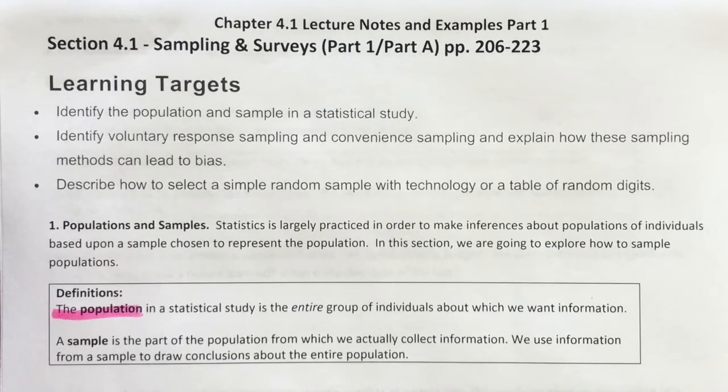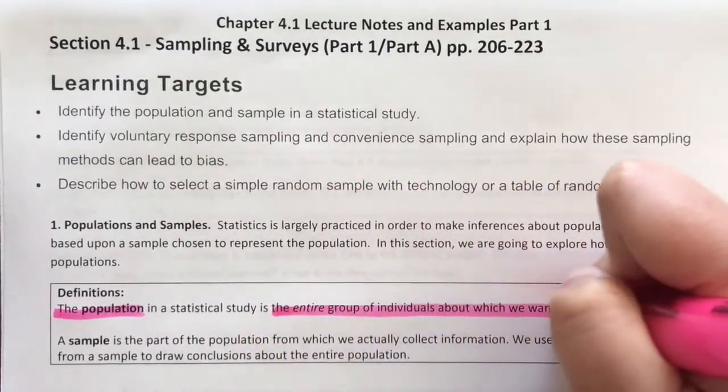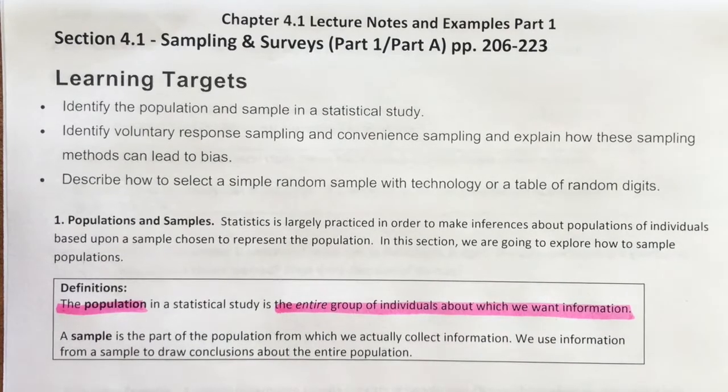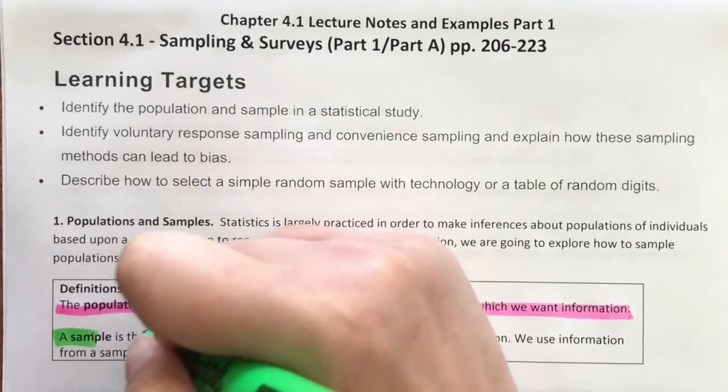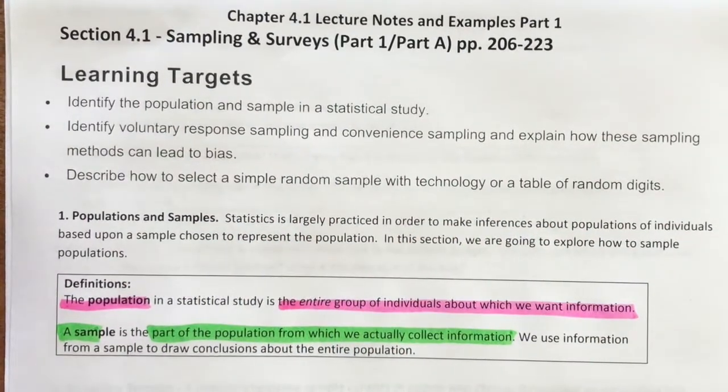Population in a statistical study is the entire group of individuals about which we want information. A sample is only going to be part of the population from which we actually collect the information. So a sample is just part of the population. We use the information from a sample to draw conclusions about the entire population.